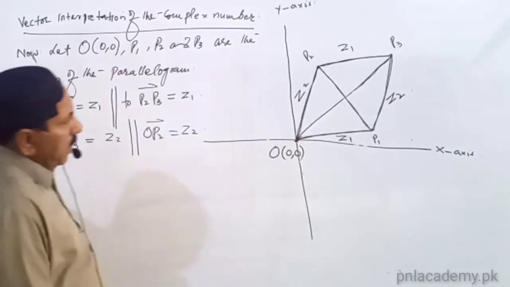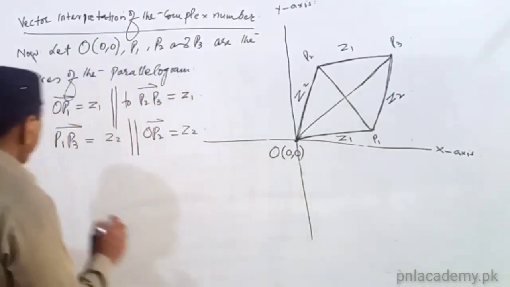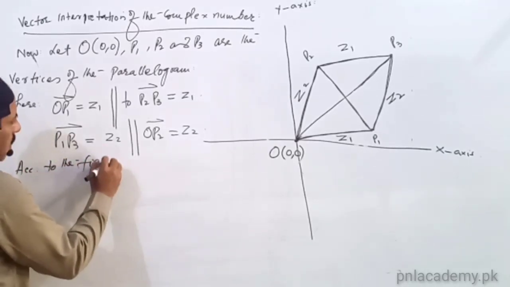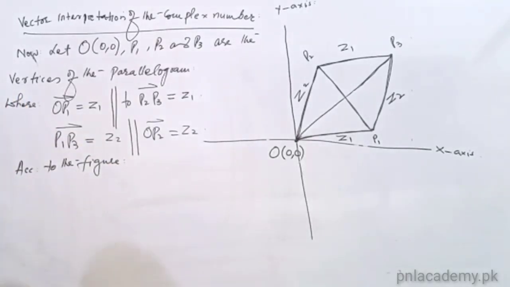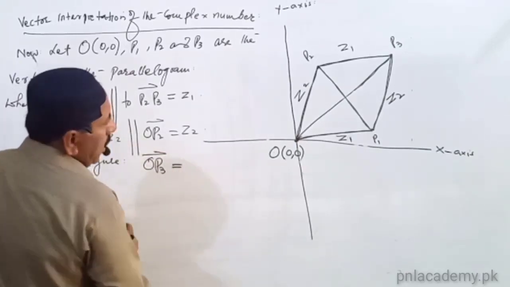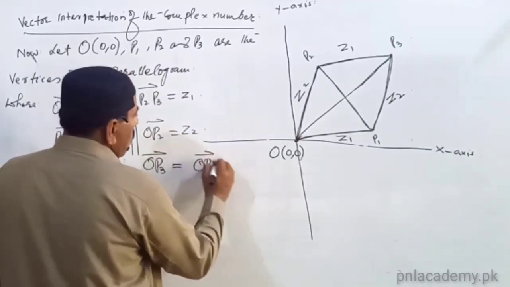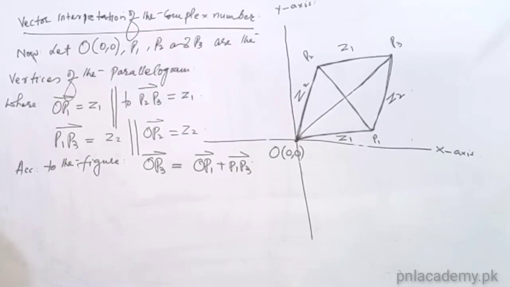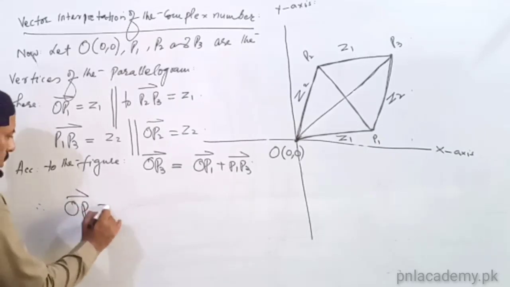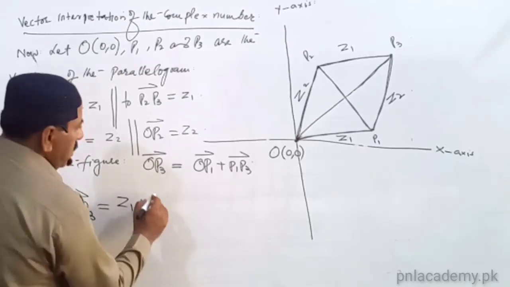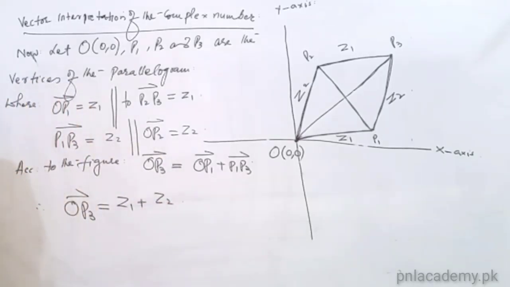Now, according to the figure, OP3 is equal to OP1 plus P1P3. So therefore, OP3 is equal to OP1, meaning Z1, plus P1P3, meaning Z2.